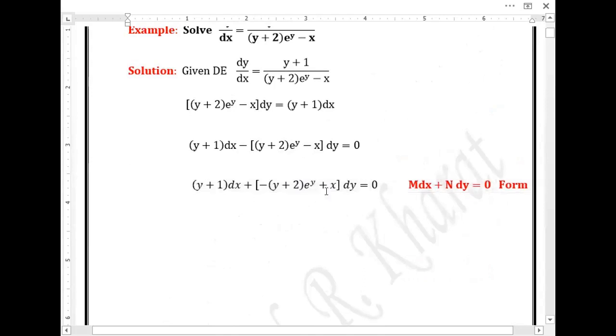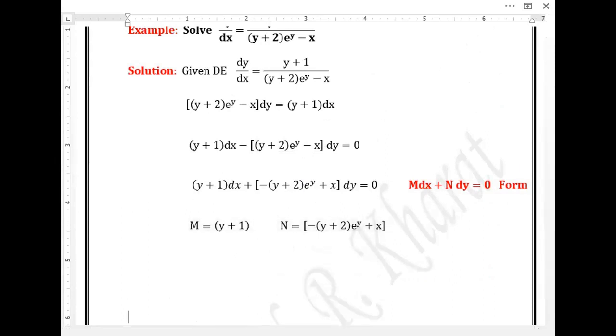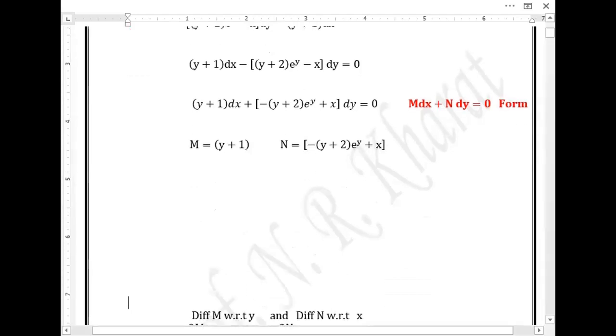When we compare this equation with the standard differential equation M dx plus N dy, the value of M is equal to y plus 1, and the value of N is equal to minus (y plus 2) e raised to y minus x.